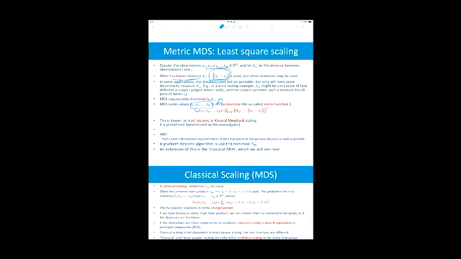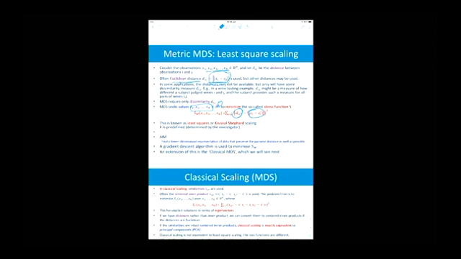Then you find the distances between each pair of those random points in the lower dimensions, and then you compare with the corresponding distance that you have in the original data, which you calculated using the Euclidean distance, and you subtract them and you sum them, and that is called the stress value. And you do this until you find the minimum stress, and you move the points in the plane.